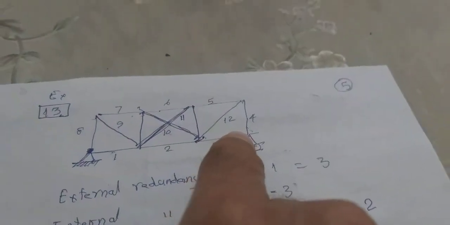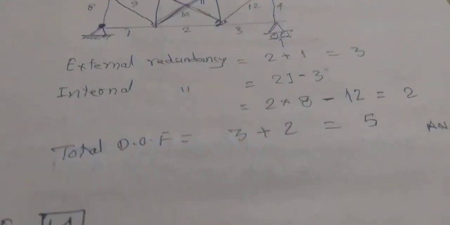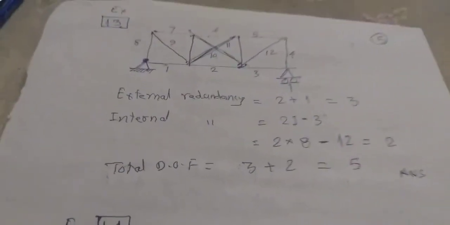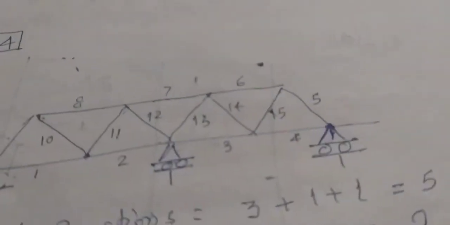It should be 14 like this. So total number is 14, but we want only 11. So this is indeterminate for 2 degrees, and hence the total will be 5, and that comes out to be indeterminate for 2 degrees of freedom. I am talking now about the last part of the truss.